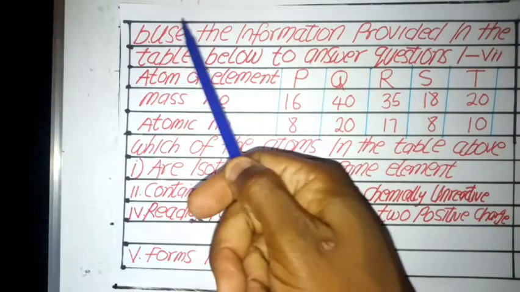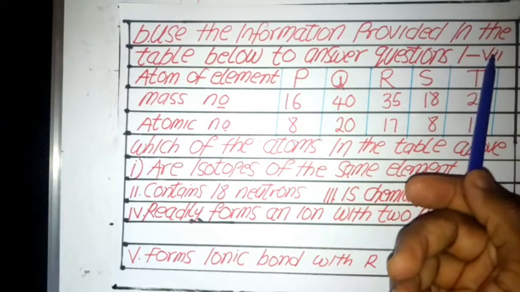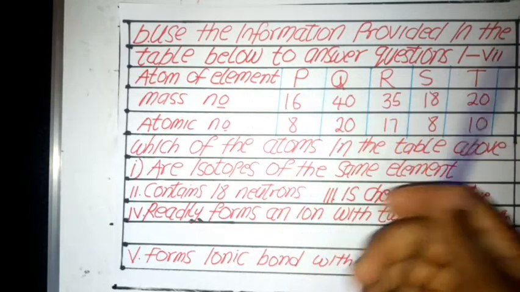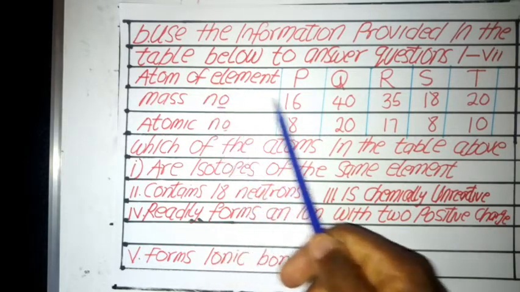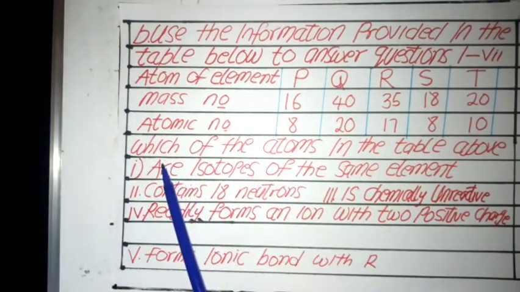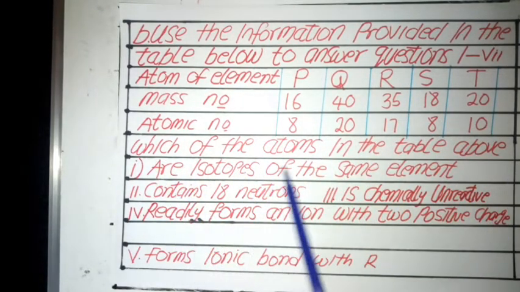So use the information provided in the table below to answer questions 1 to 7. So this is the table. We have elements P, Q, R, S, T, the mass numbers, atomic numbers. So which of the atoms in the table above are isotopes of the same element? Remember, isotopes: existence of two or more atoms of the same element having the same atomic number and different mass number.